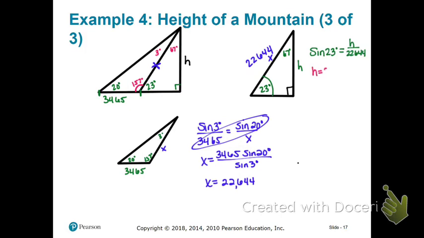So we'll find that h is equal to 22,644 times sine of 23 degrees. 8,847. And what were our units? Meters. So that mountain is 8,847 meters tall.